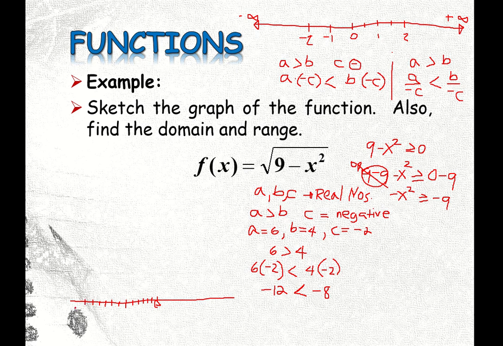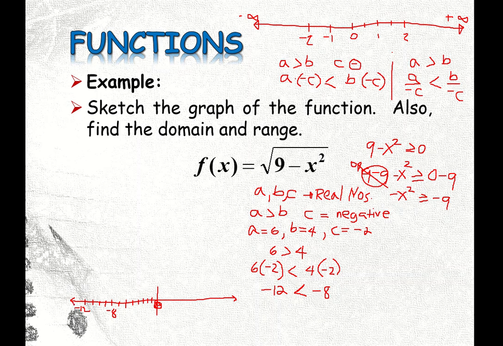So this is our negative 12 here. So the other one is negative 8. 11, 10, 9, 8. So this is our negative 8. Okay, so the rule here is that the closer the negative number is to 0 in the number line system, the bigger it is. Alright, so you remember that.